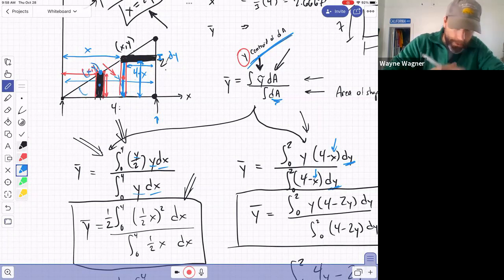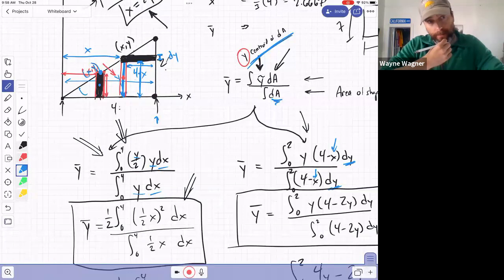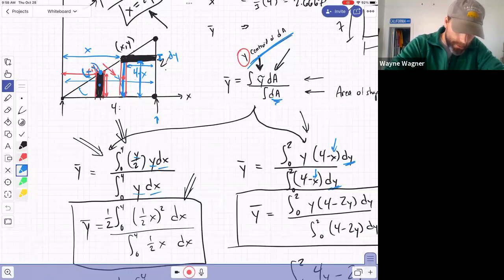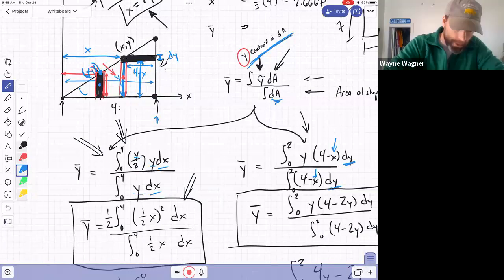What are the coordinates of the centroid? I don't know. How did you know that this was x comma y? Because that's the point on the line, the line 2y. Right. So compare this x coordinate to that x coordinate. Same, different?